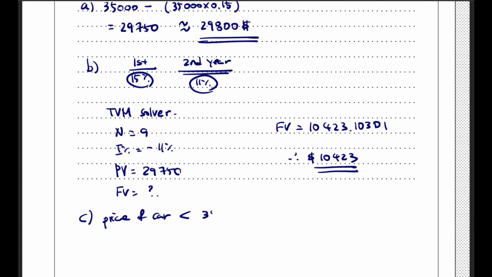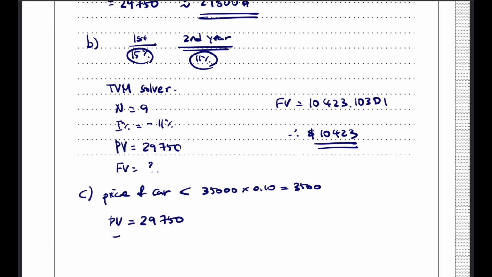So we do 35,000 times 0.10 to find the future value, the price of the car after n years. This is equal to 3,500. And we do know that the present value, again, is after the first year, just at the start of the second year, so the present value is $29,750, and the interest is again 11% decreasing. What we need to do is find the n value.